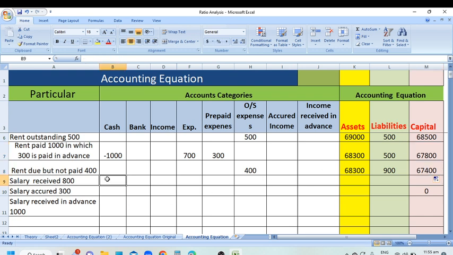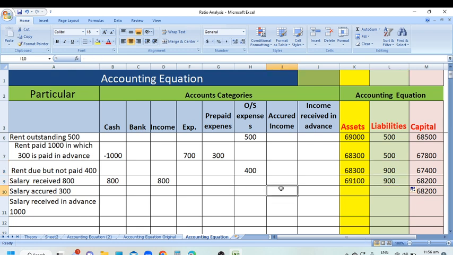Salary received. When you receive the salary, what happens? Your cash will increase, right? And when it comes to the income head, it will affect your capital as well. Your capital will increase too, right? And your liability will not be affected because there is no liability. Salary accrued. So that's a 300.